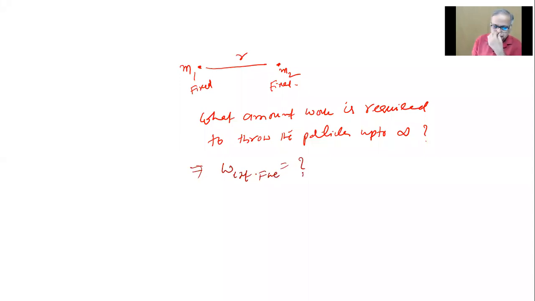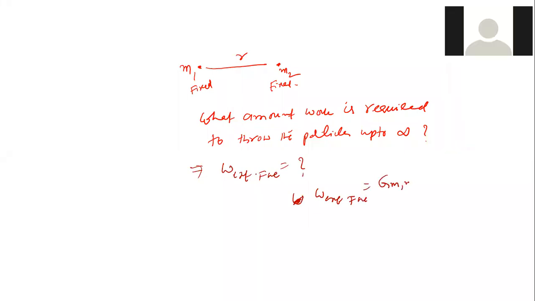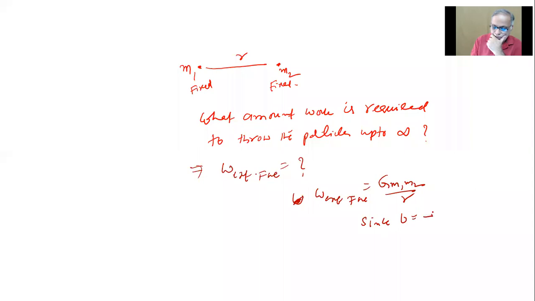Simply, GMM by R. That's all, that's enough. Since U is minus, what it means is the external fellow must have worked by so much in putting them like this. So now you work so much to throw them away.